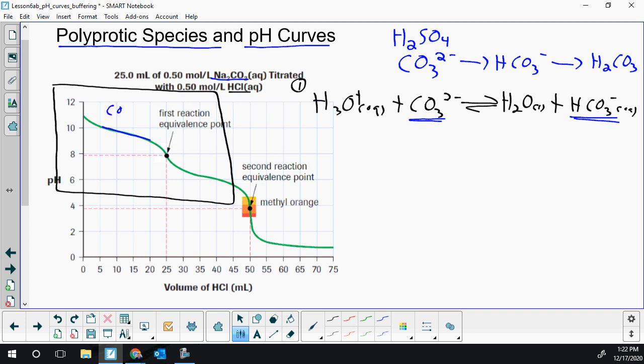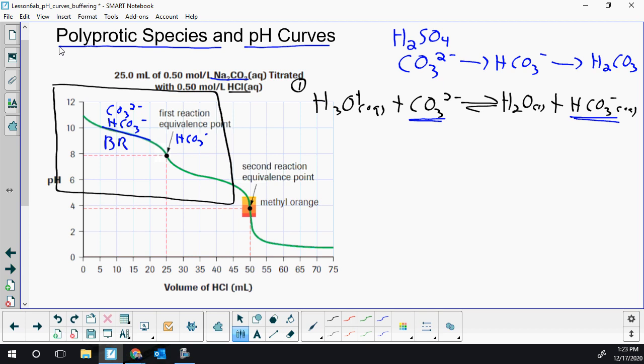So we have CO3 2-, and we've made some product, HCO3-. Because we have those 2 weak species from our first reaction, this is a buffering region. And I've identified exactly what pairing. When we get to that first equivalence point, we have run out of carbonate. At that first equivalence point, we only have hydrogen carbonate left.